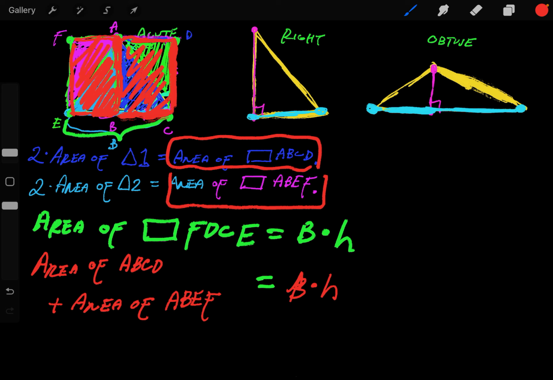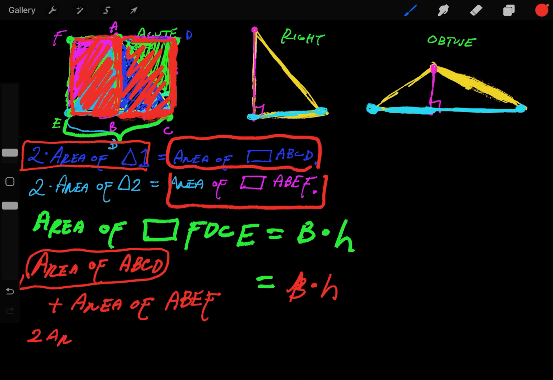Now, to finish this one, you substitute in. You have 2 times the area of triangle 1 is the same thing as this one. So instead of writing this, I'm going to write 2 times the area of triangle 1 plus 2 times, so I substituted this for this. Now I'm going to substitute this with this.